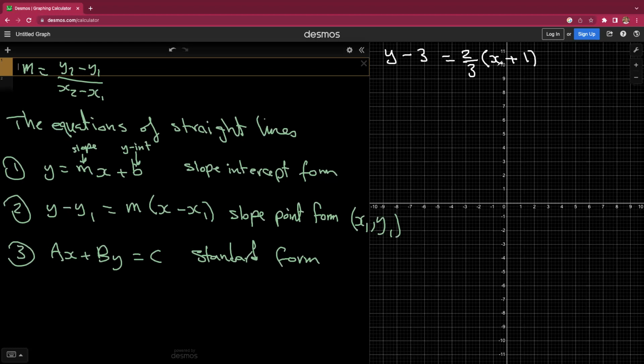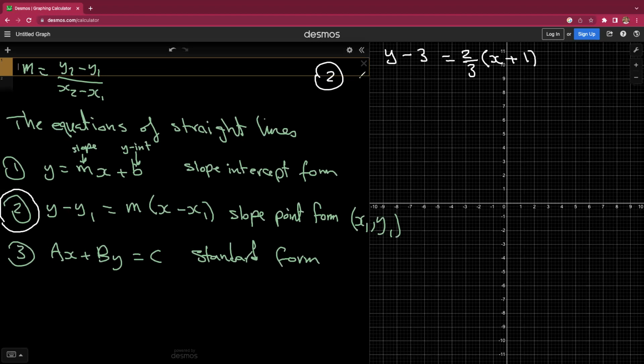And I'm gonna say graph this. So how do we graph this? This is number 2, which is the slope point form.